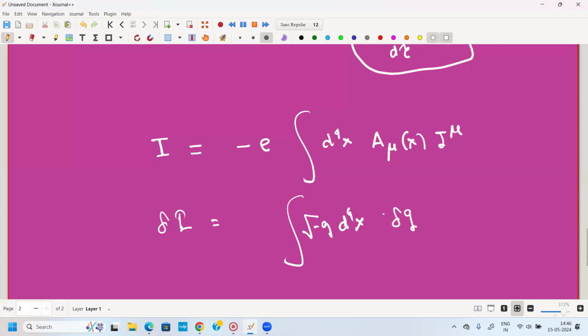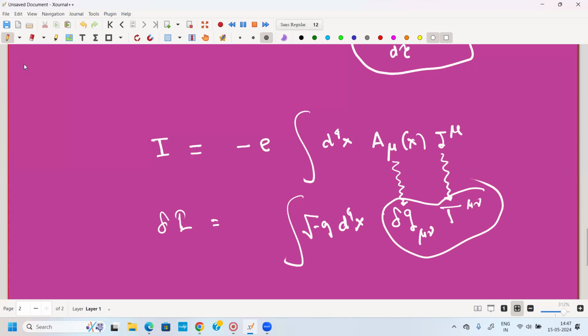It's just a very analogical path. So one can recognize that the current J mu is analogous to this energy momentum tensor, and this A mu is analogous to this variation of g mu nu. So this suggests that the energy momentum tensor always interacts with the variation of the metric.